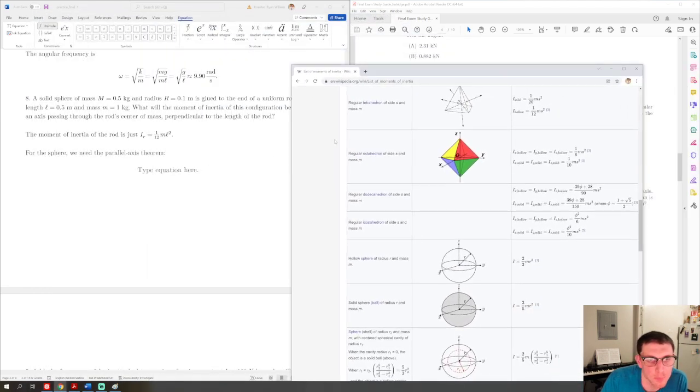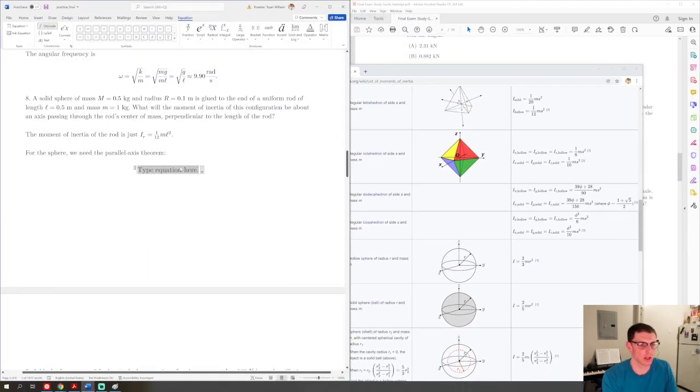So remember, the parallel axis theorem says that the moment of inertia is given by the moment of inertia of the object about an axis passing through its center of mass plus the parallel axis term, where d is the distance from the old axis of rotation to the new axis of rotation.